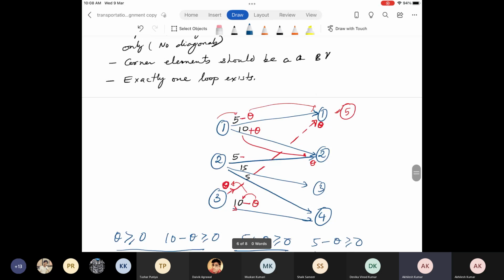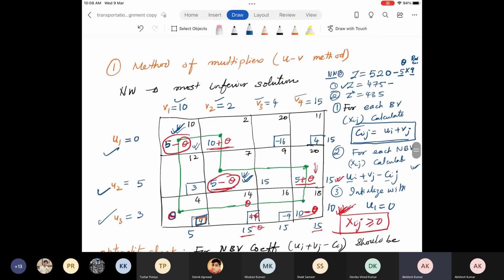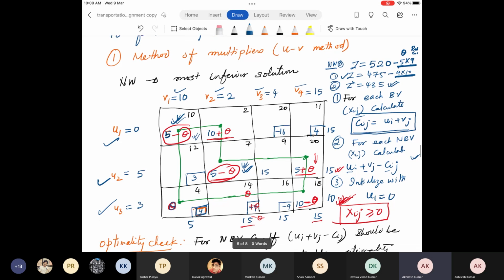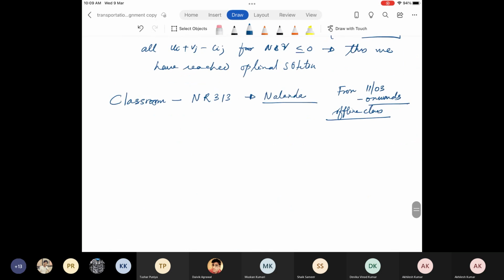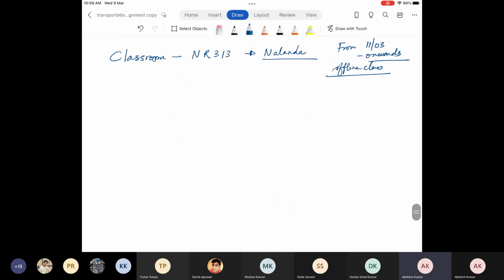So 475 minus 40, 4 into 10, that is 435. So using reduced cost, you don't need to multiply 2 into 15 plus 3 into something to get the G value. You can directly find what your G will be using the reduced cost and the new assignment value. Clear? Any questions?